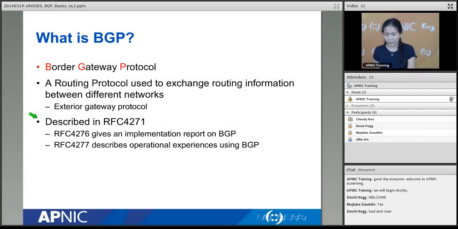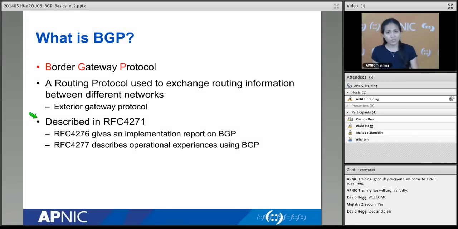Now, the standard specifications that you will want to look at for BGP are described in RFC 4271. You also have two other things: RFC 4276, which contains an implementation report, and RFC 4277, which might be more useful for you if you are actually using BGP.